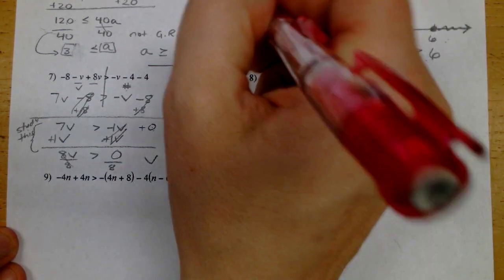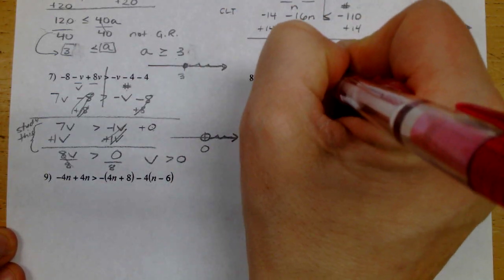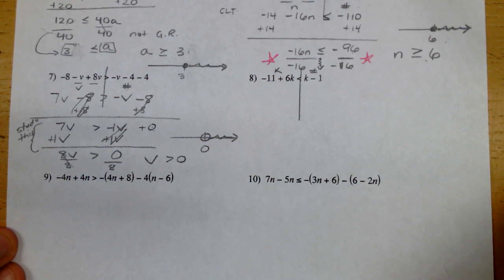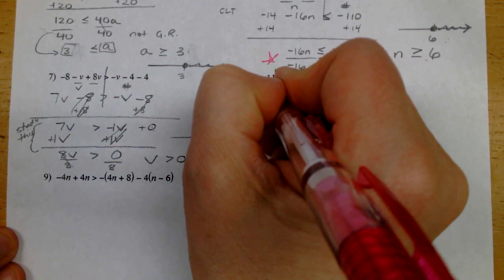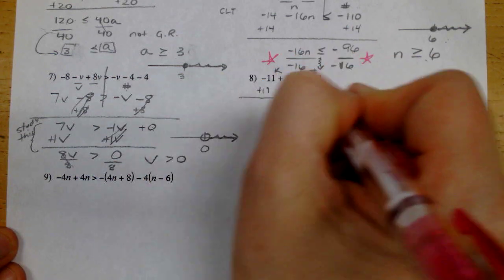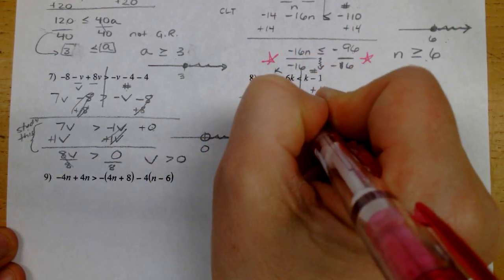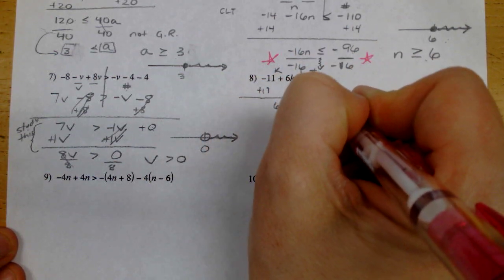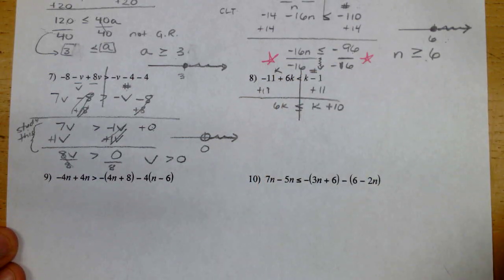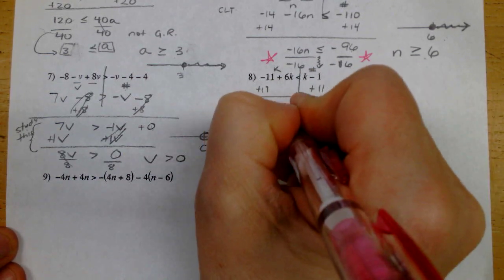Draw on the wall. Make this the K side, make this the number side. Plus 11, plus 11. 6k is less than or equal to k plus 10. Minus k.